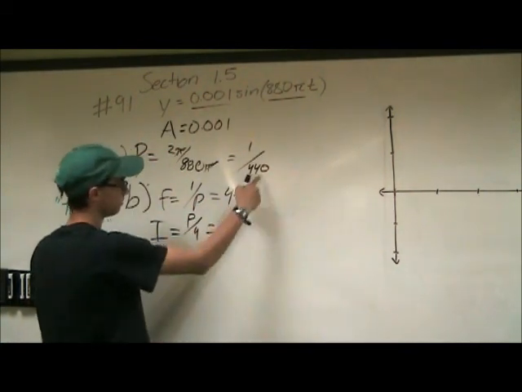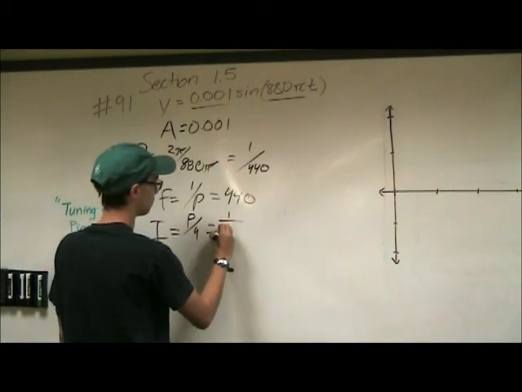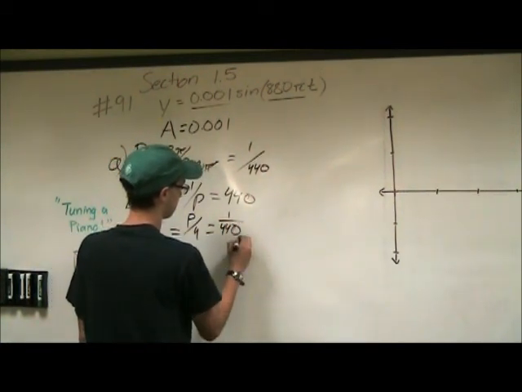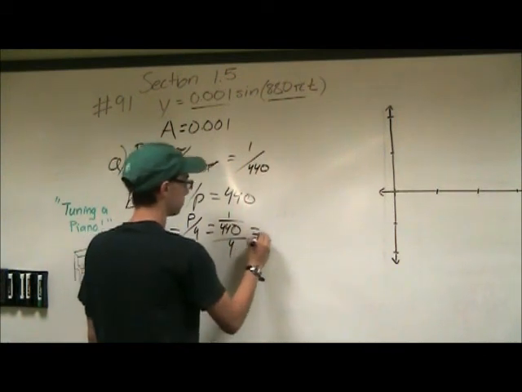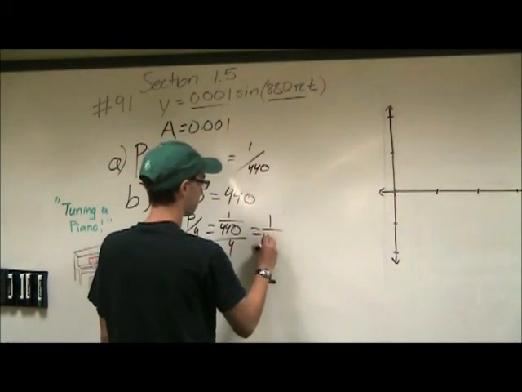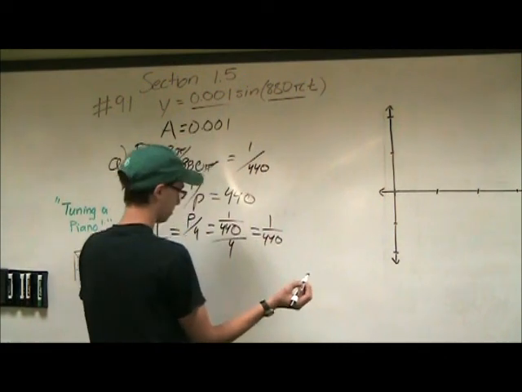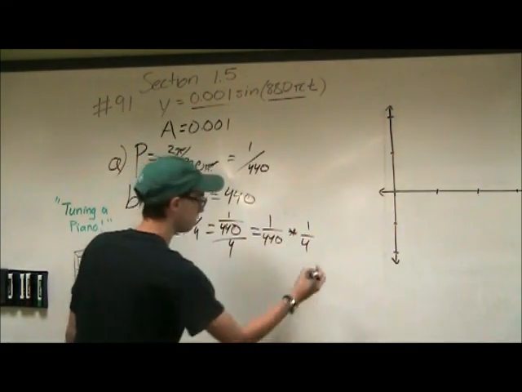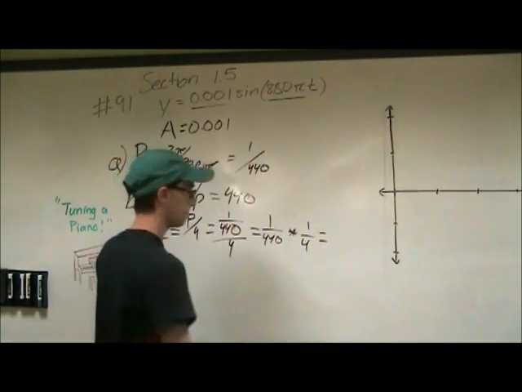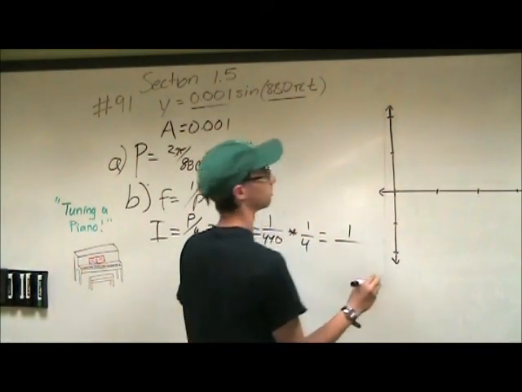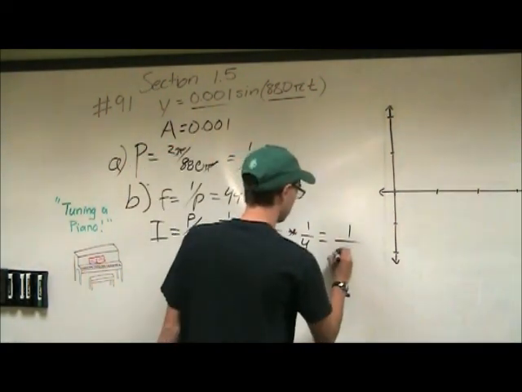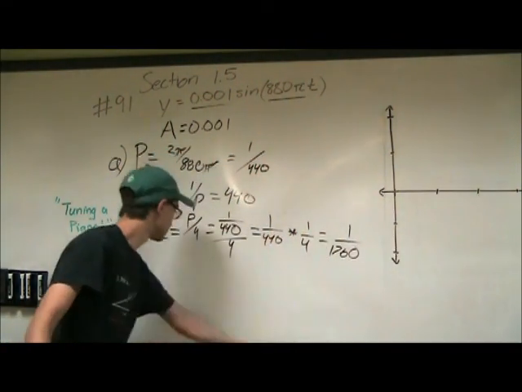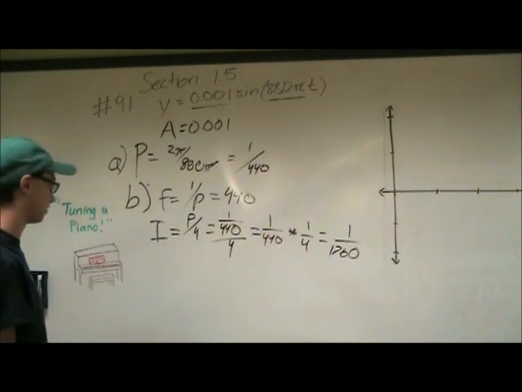The period is here, 1 over 440, divided by 4, which can also be written as 440 times 1/4. So that equals 1 over 1,760. Awesome. So now that we have that, we can get the key points.